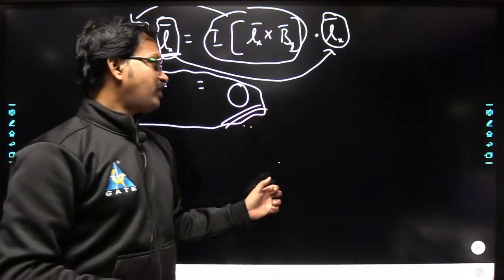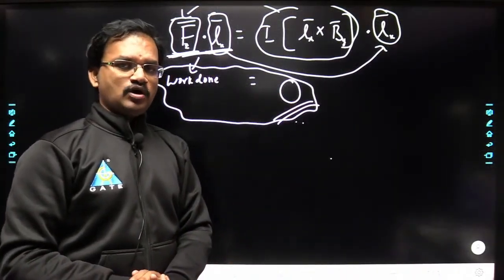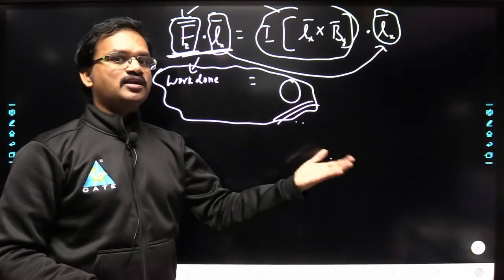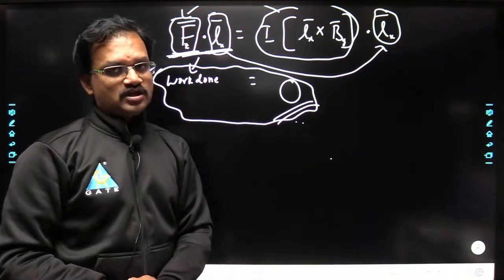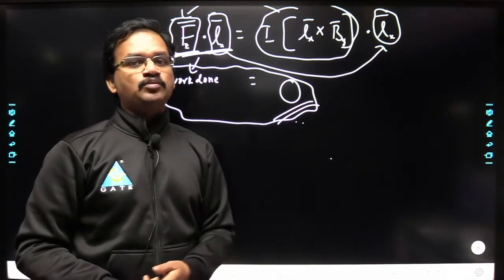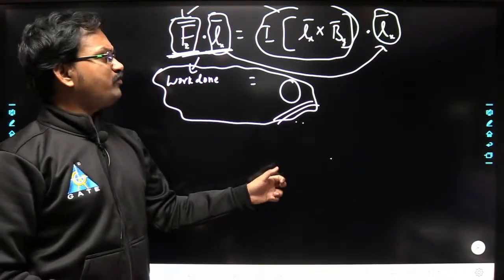So the work done by the B field on the moving charge is always equal to 0. That means the charge's speed neither increases nor decreases. It cannot change the speed of the moving charge. But what can it do here? It can at most change the direction of the moving charge. Yes or no?